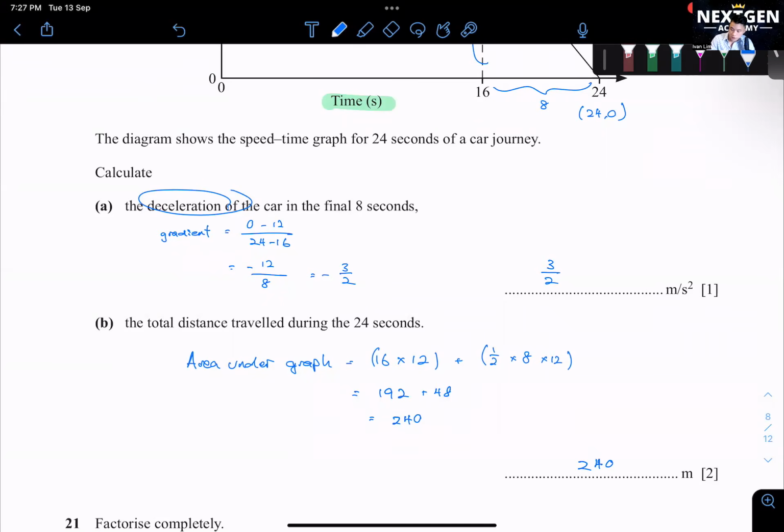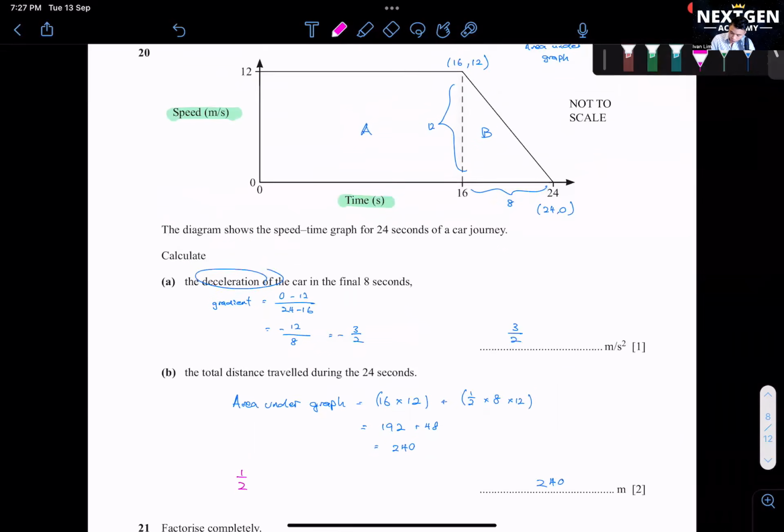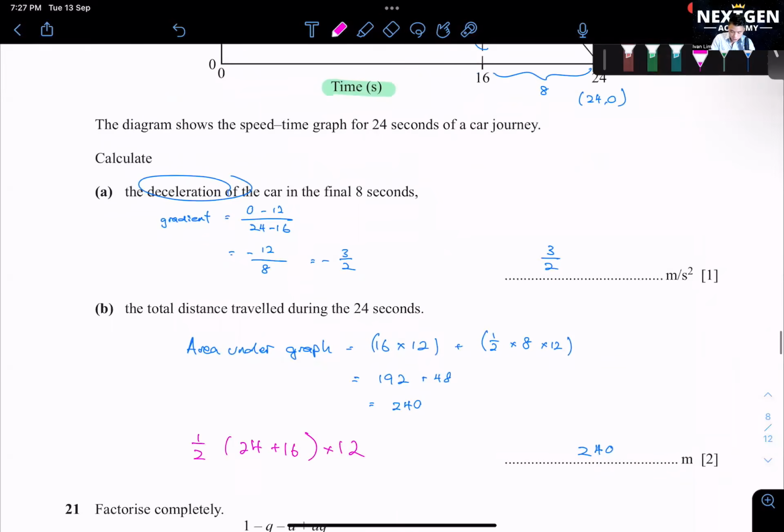If you want to use the trapezium, you can just use the alternative formula, half times (24 plus 16) times 12. Very good, Yannick. You should get the same value. Times 12 divided by 2, this one also gets 240. Shorter also, this working.